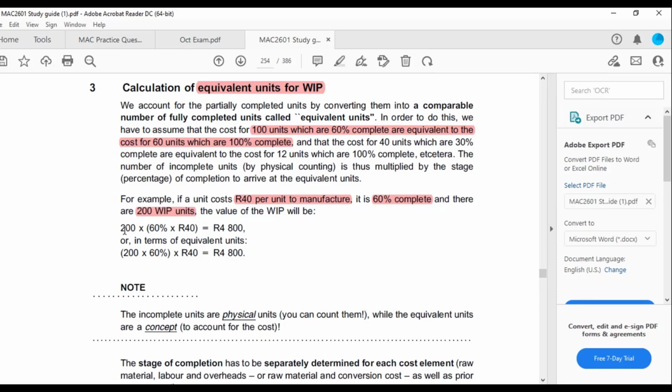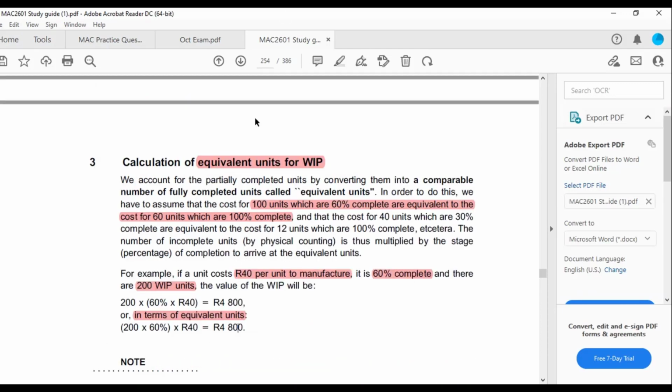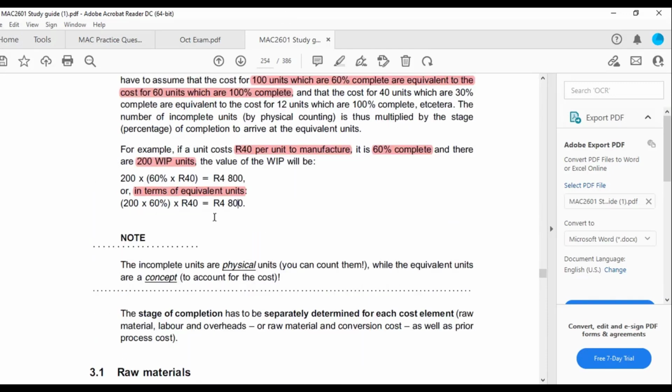You'll have the 200 units, but only 60% of them are complete. So how much does it cost in total? It's 40 rand cost per unit, so it's 40 multiplied by 60% multiplied by 200, which is 4,800.